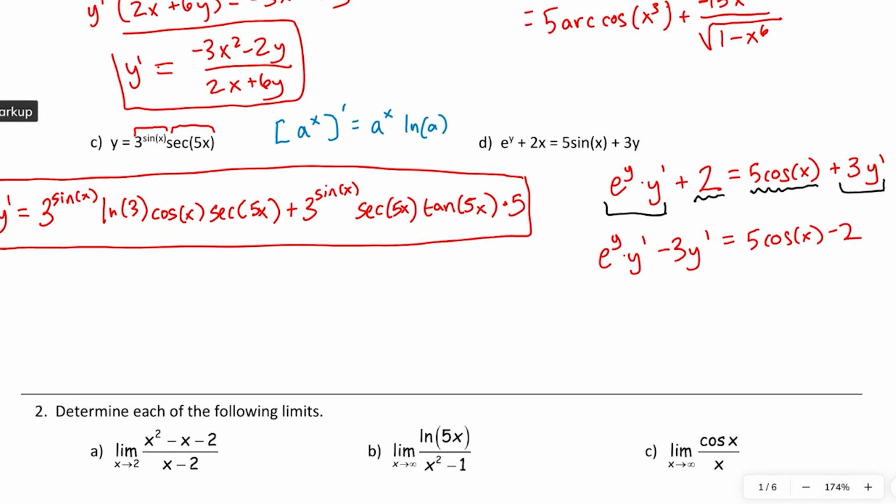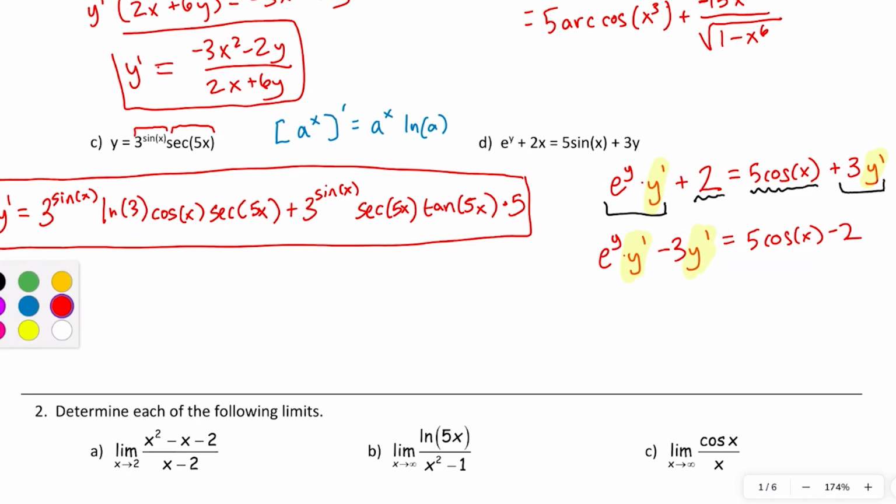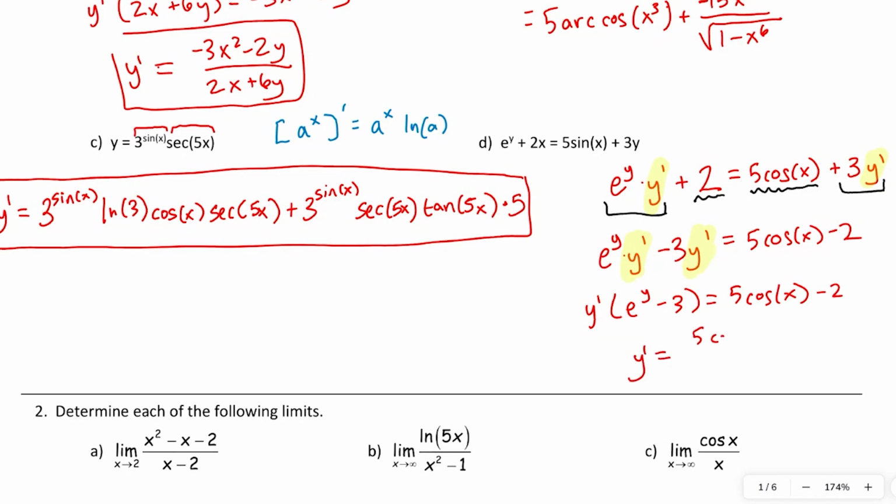And now I've got those y primes all over to the left, and so I can factor it out like a GCF. So y prime times e to the y minus 3 will equal 5 cosine x minus 2. And if I divide both sides by e to the y minus 3, I'm going to get y prime equals 5 cosine x minus 2 over e to the y minus 3.